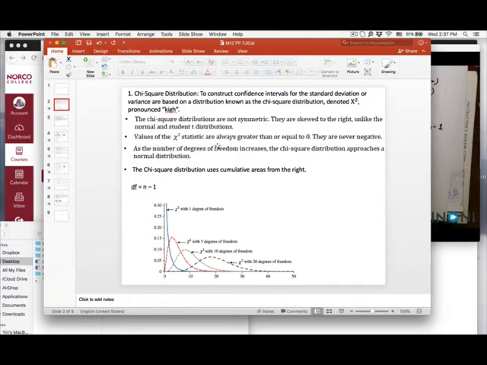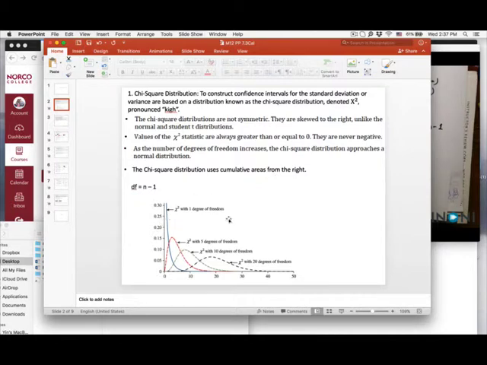And chi-square is always greater than or equal to 0, never negative. As the degree of freedom increases, the chi-square distribution approaches a normal distribution, meaning the Z distribution. And the chi-square distribution is cumulative from the right.